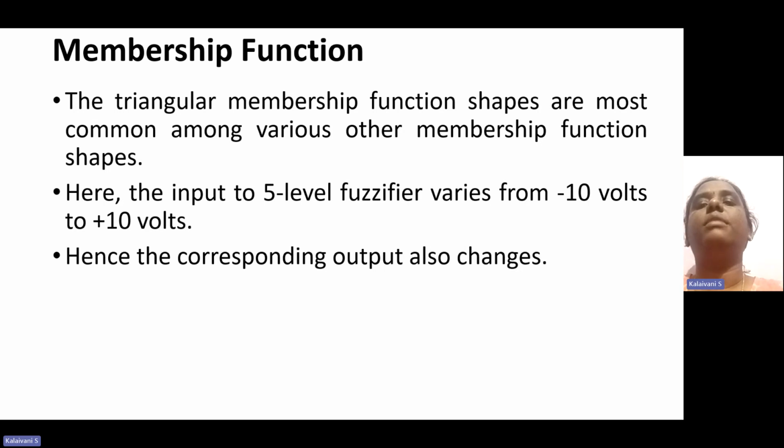Other membership functions are also available, like the sigmoid membership function and many others, but the most commonly used one is the triangular membership function. In the example I have given in the previous slide, it consists of a 5 level fuzzifier. It ranges from -10 volts to +10 volts.